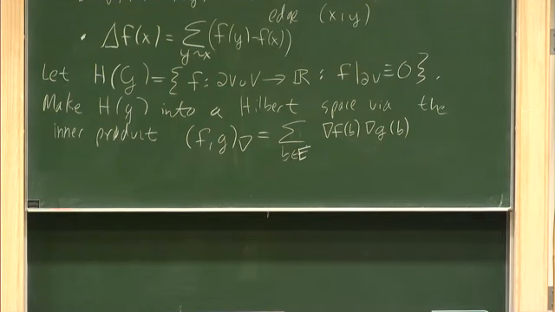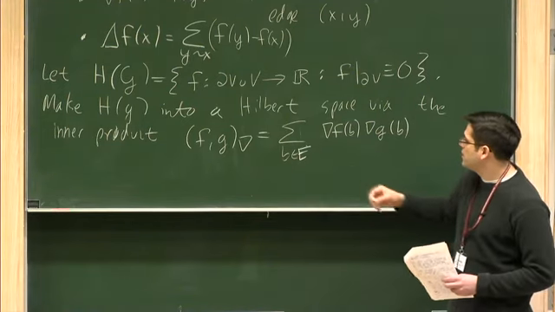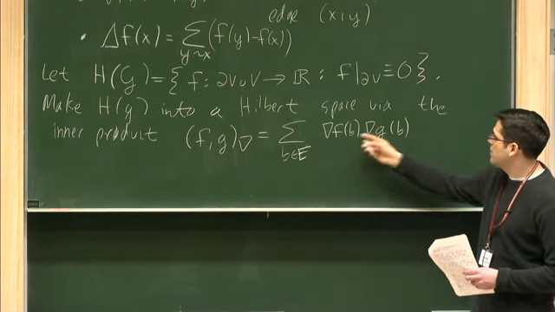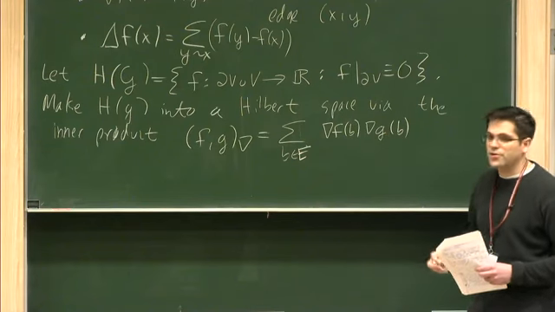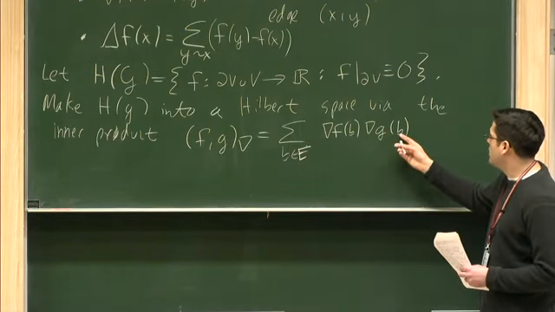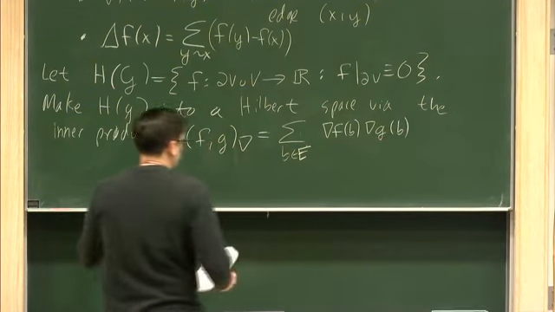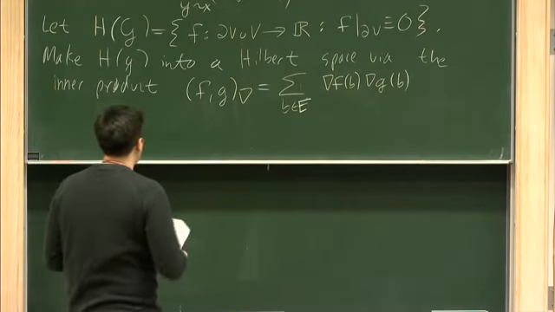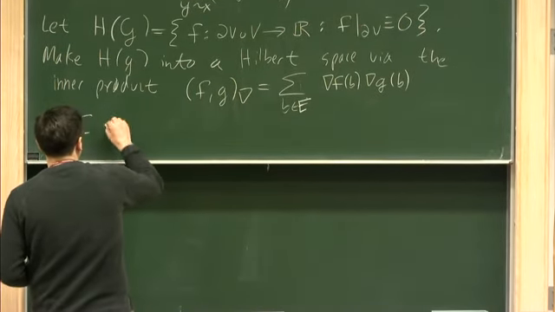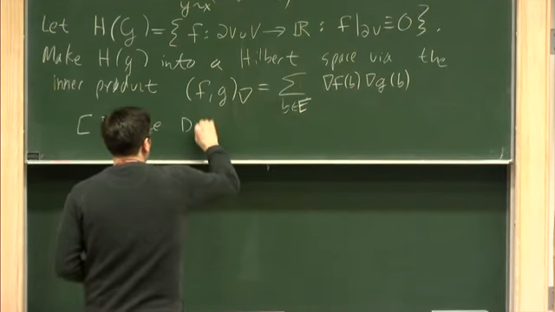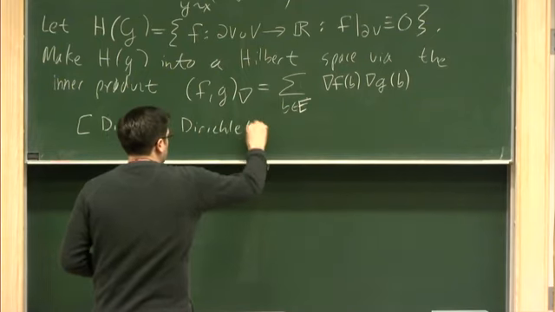Okay? And of course, you might worry that these edges are not oriented, and here I'm summing over gradients. But this product does not depend on the orientation of the edge, because if you flip it, both of the signs are going to cancel. Okay, so this is my inner product, and this has a name. This is called the discrete Dirichlet inner product.